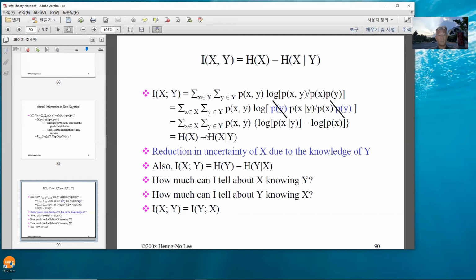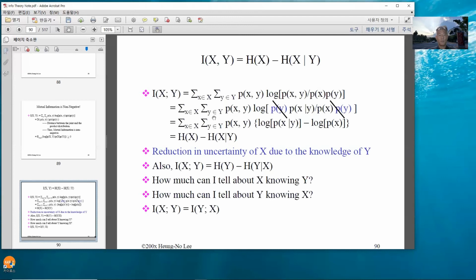Then the first part is negative conditional entropy of X given Y, by definition of conditional entropy, and then minus log px, that part together with this part is entropy of X. What happened to Y?